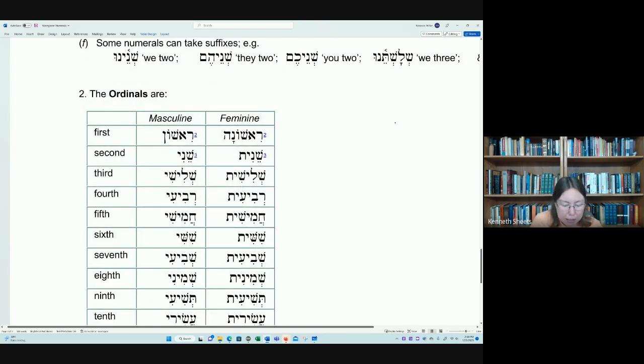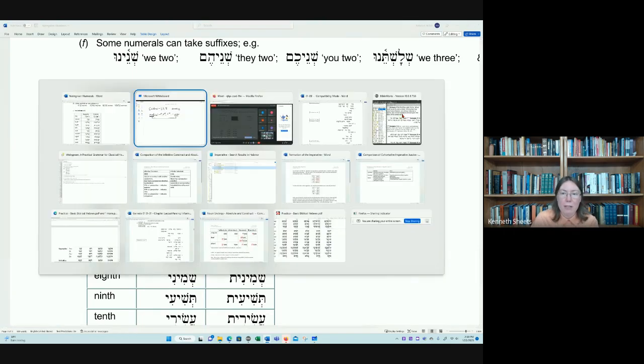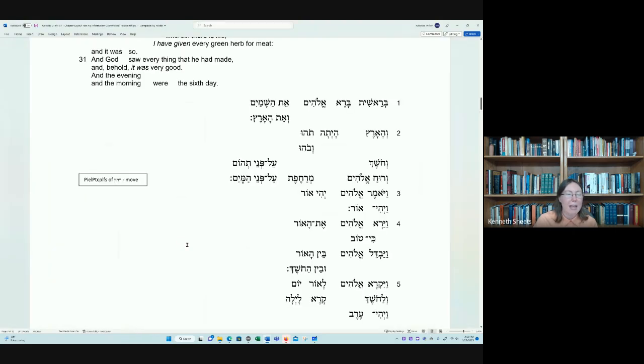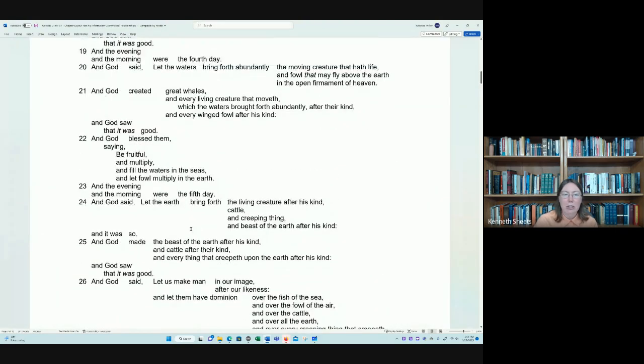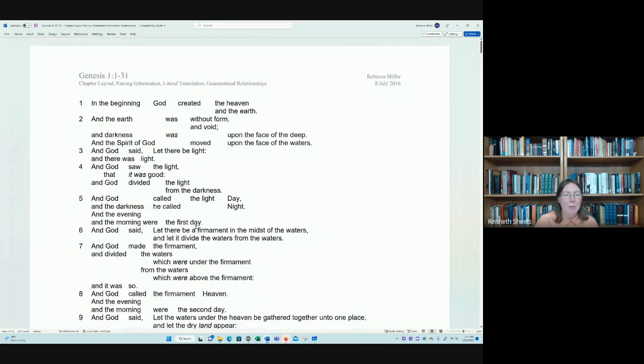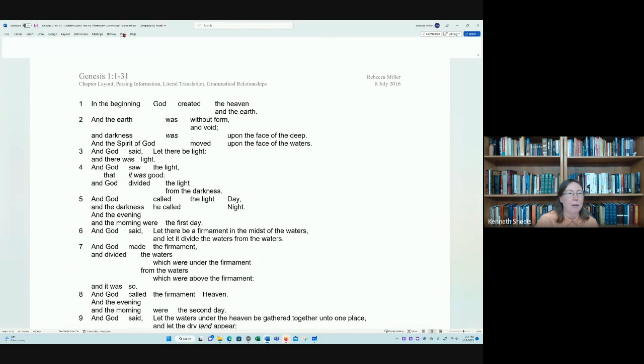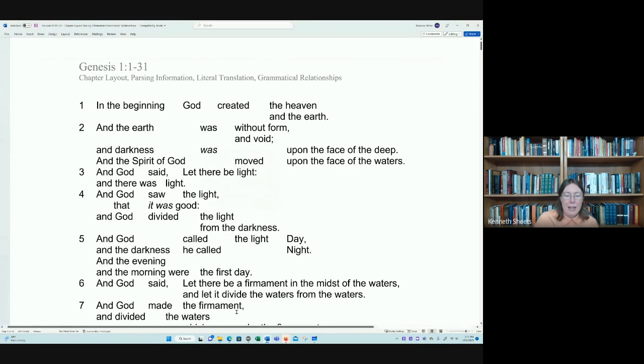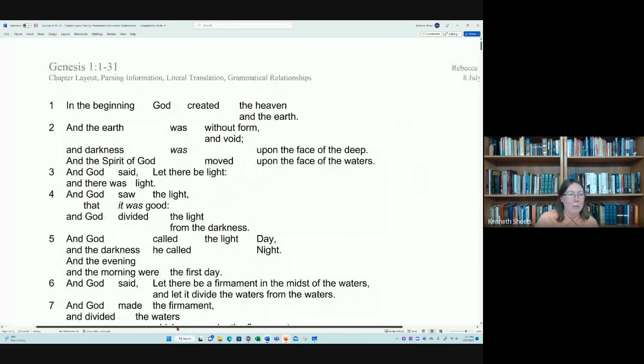Now, why is this significant? Well, this does come into play, for example, when we take a look back at Genesis chapter 1. We had touched on this a little bit earlier, but I'm also going to take us into Genesis 11, and numbers come into play there as well.